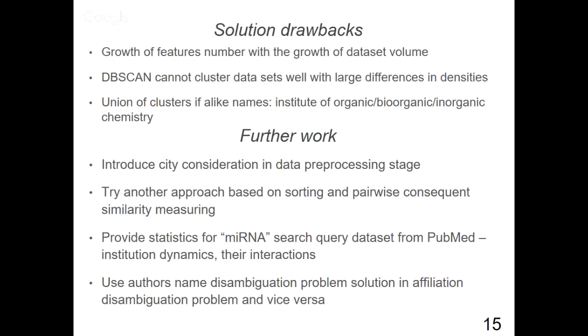So what are the drawbacks of the current solution? With the growth of the data set volume, the number of features will grow. As I said, we use K-mers as features. If we have more diversity in the data, we'll get more K-mers, so the number of features grows and computational complexity grows.